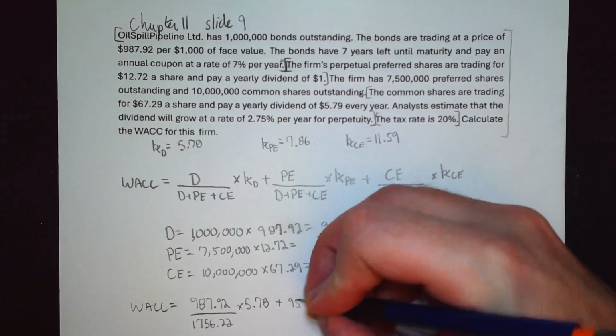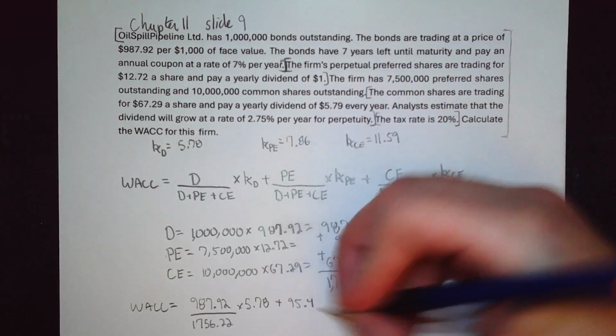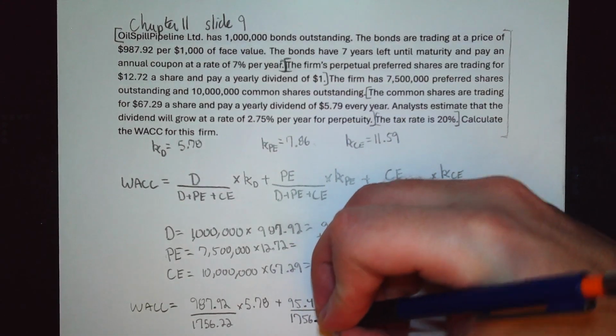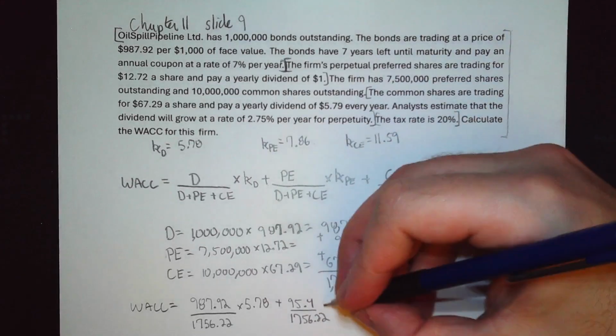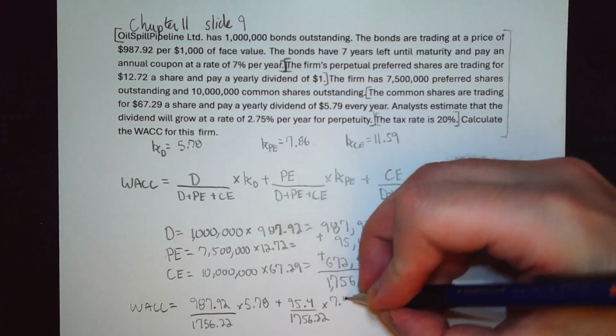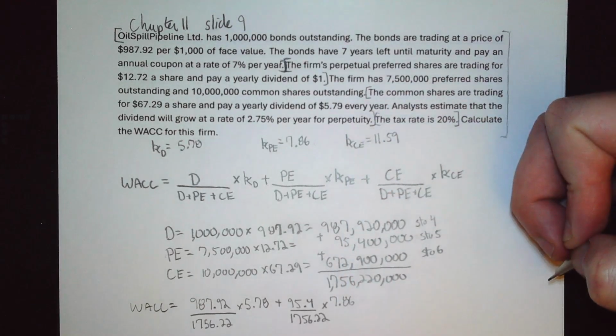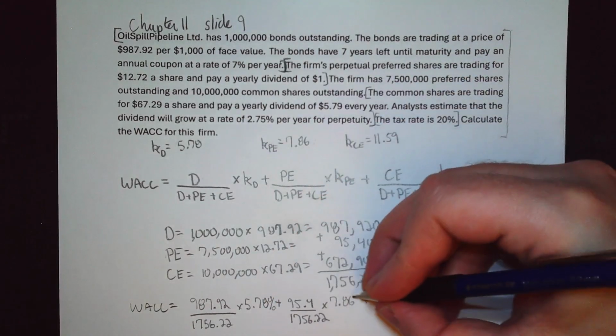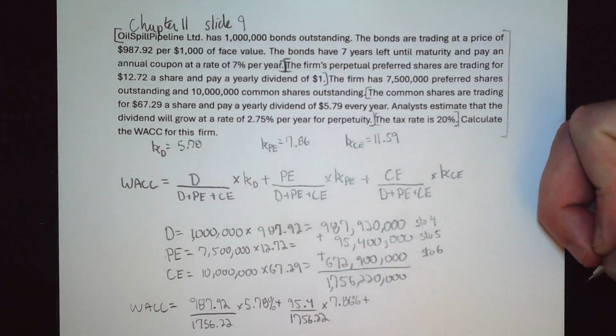Then I'll put the market value of the preferred shares here divided by the market value of the firm. And then I'm going to multiply this by the rate of return that I need to pay for my preferred equity. And these are obviously percentages. Doesn't really matter if you don't put them, but.